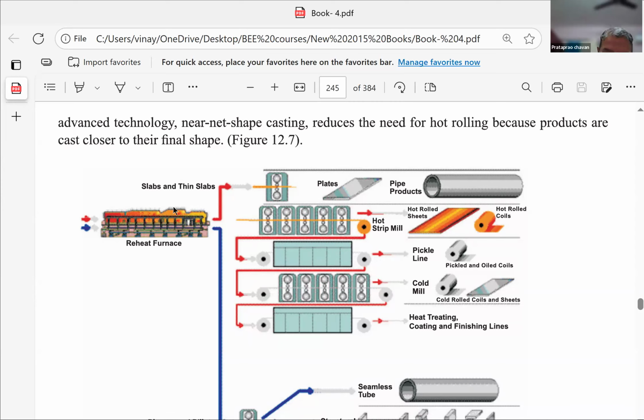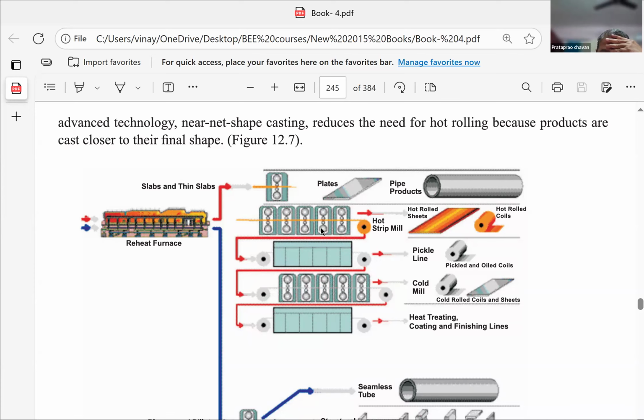They heat the metal to such a temperature that it becomes softer. Then this soft metal is allowed to pass through different rollers, and the shape is changed either to plates or pipes or even simply rods, large cylindrical rods.